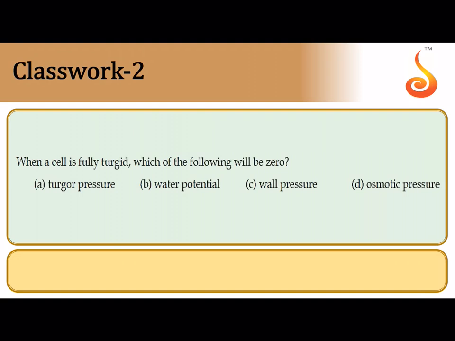When a cell is fully turgid, which of the following will be 0? Now, when a cell is fully turgid, the water inside the cell, that is the cell sap, has become hypotonic, isn't it? Because all the water has entered the cell, the cell sap has become hypotonic.